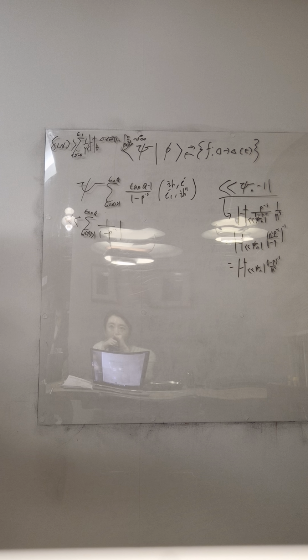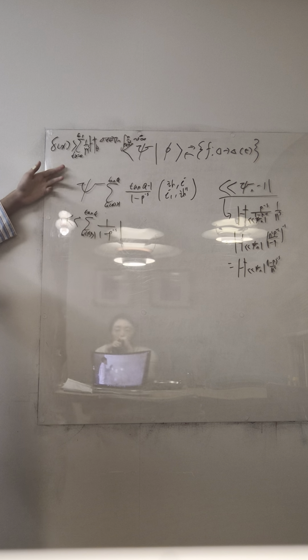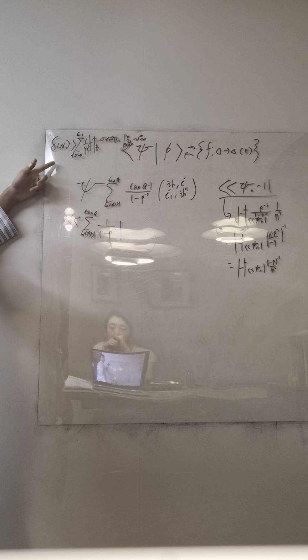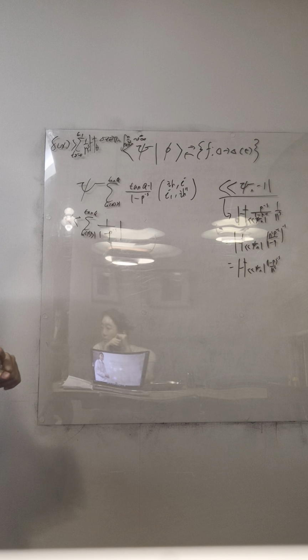This is the equation that I made, and this tells the exchanging value of delta t and location n.